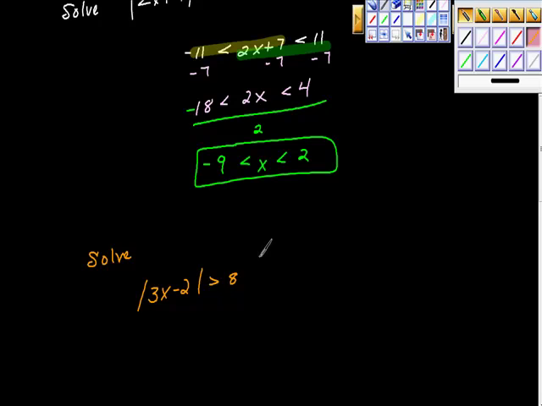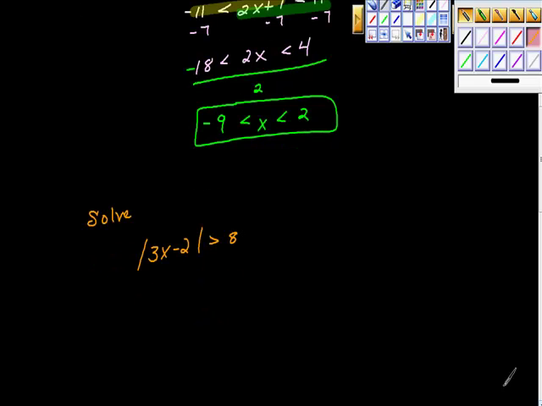And if you remember what this one is, if you go back to the top and look at the rules, it says that we're going to find that our answers are beyond either side. So it's going to look like this, isn't it? I'm going to take this 3x minus 2 and I'm going to say it is less than negative 8, right? Because that's opposite of c.